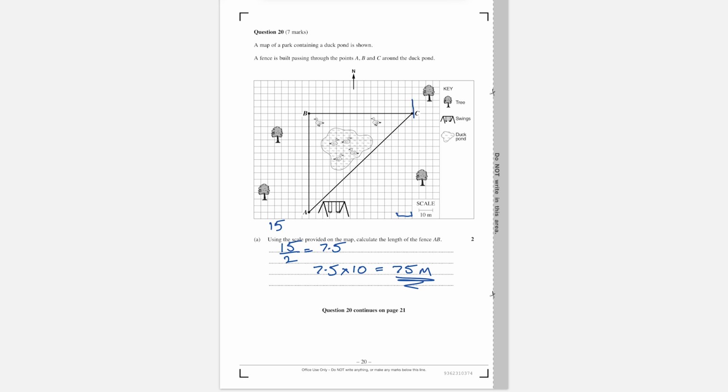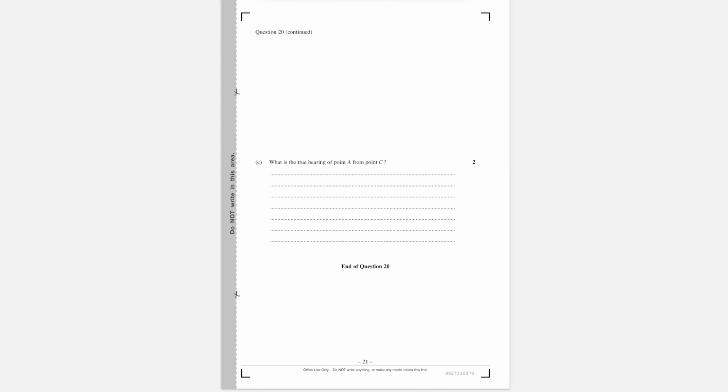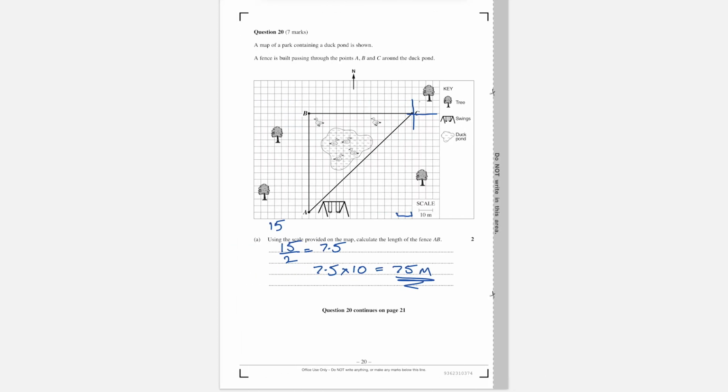So point C is our frame of reference here. And when it asks for the true bearing, what it's asking for is the angle that's going all the way around here, right? So to find this angle, what we want to know is this angle here. We're going to call that theta.